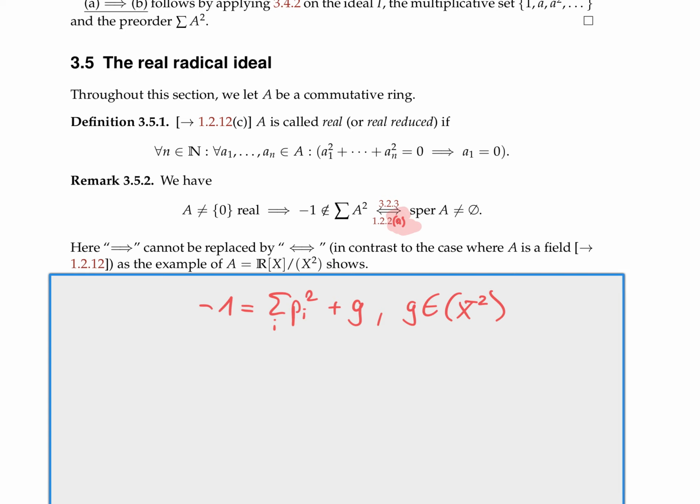Actually, it's not even reduced in the classical sense, because the residue class of x, if I square this, is 0 in R[x] modulo x squared, but the residue class of x is not 0.